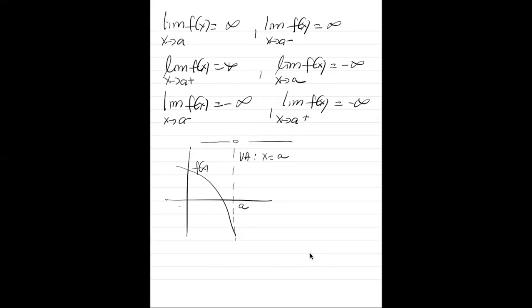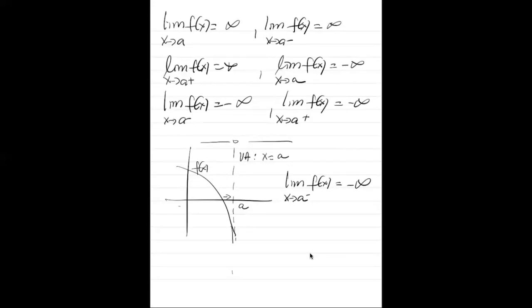So this is not touching actually, right? Continuous. So the limit of f of x when x is approaching a from where? In this case, we're approaching from the left, and that limit, it goes down, so it's negative infinity. So we see we have one-handed limit, a vertical asymptote.